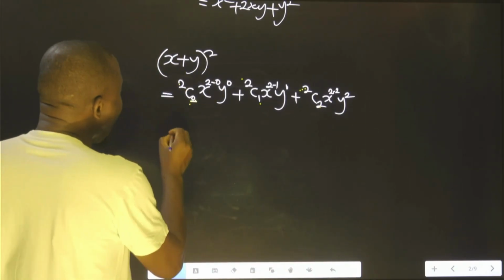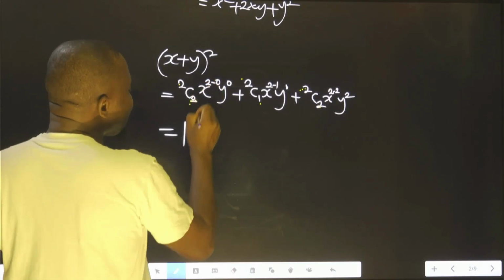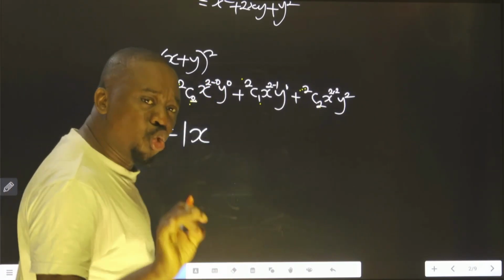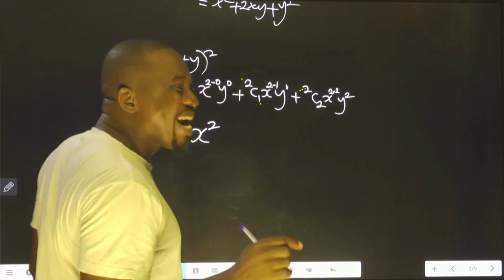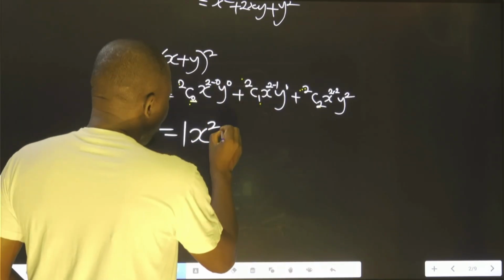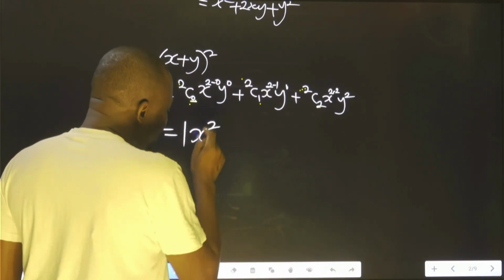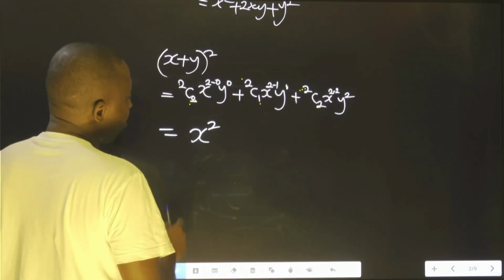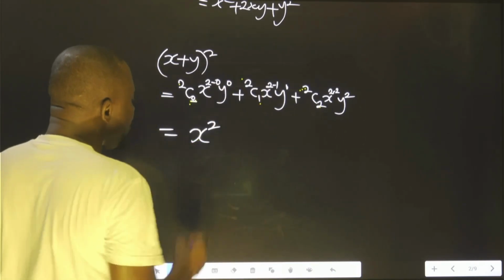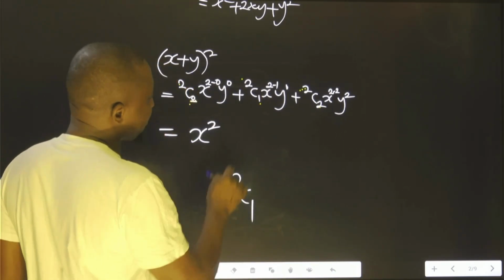Therefore, we are going to have 1 here. For this, x is raised to power 2 minus 0, which is 2. y raised to power 0 is 1. It means we can remove this 1 and we can also remove this one, to have x squared. Let's go for this one, 2 combination 1. That is for this.